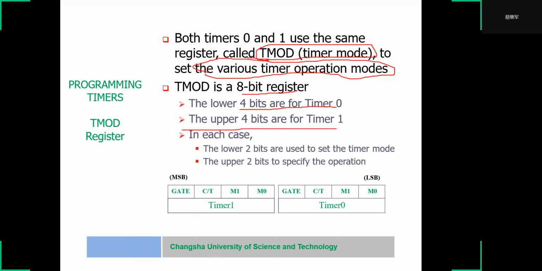In each case, the lower 2 bits are used to set the timer mode, and the upper 2 bits specify the operation. This is the TMOD.